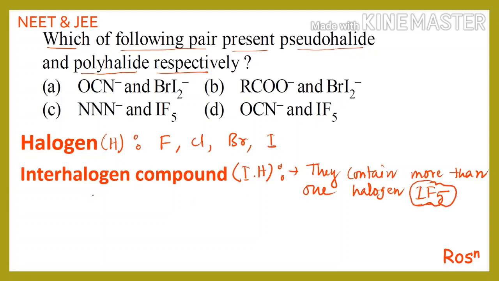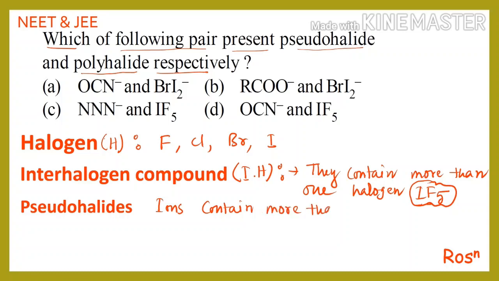Clear? Next I discuss the next term, pseudohalide. Pseudohalide means ions containing more than one electronegative atom with at least one nitrogen.